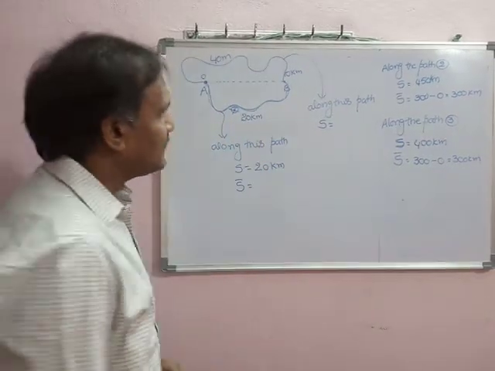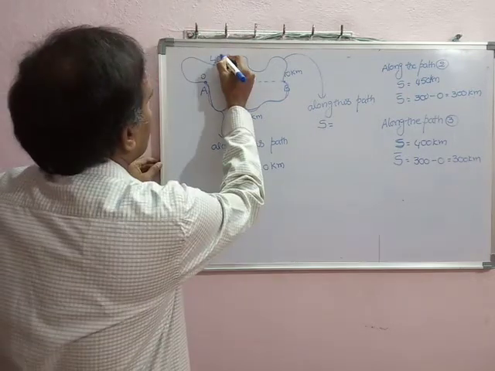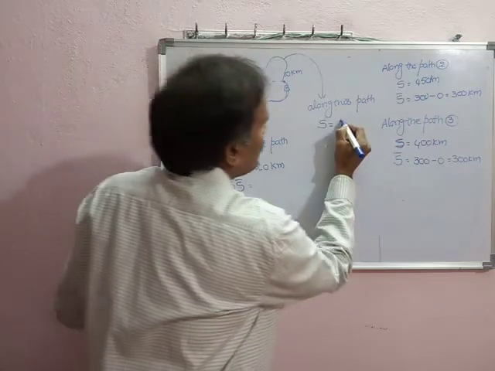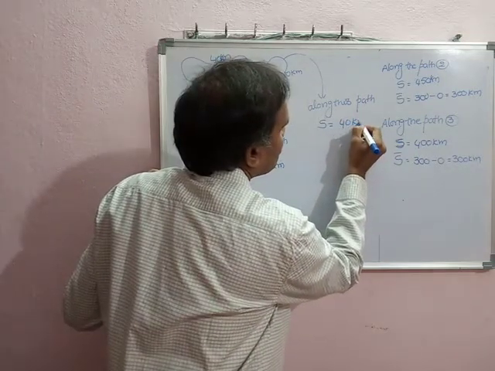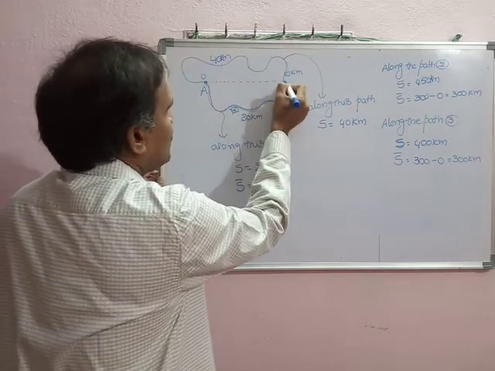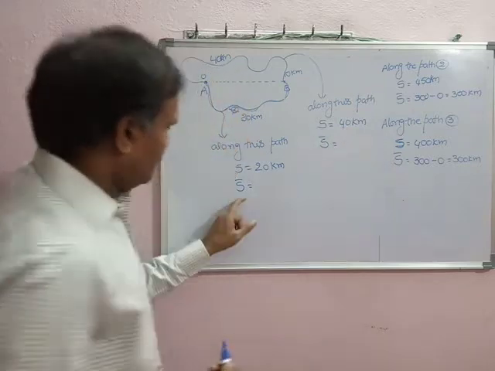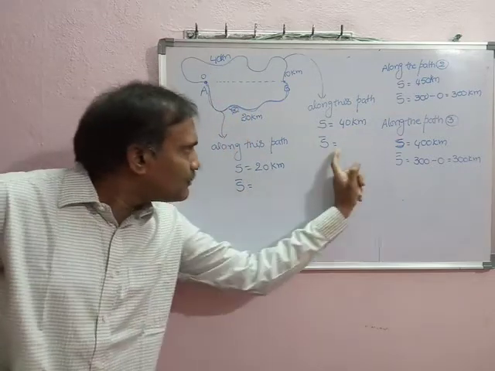Nothing but the path length, the actual length of the path traveled. How much is it? 40 kilometers. Now, if the vehicle completes its journey by using this road, what is the displacement? Tell me the answers for both of them.